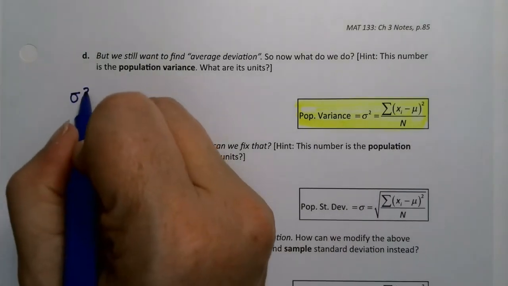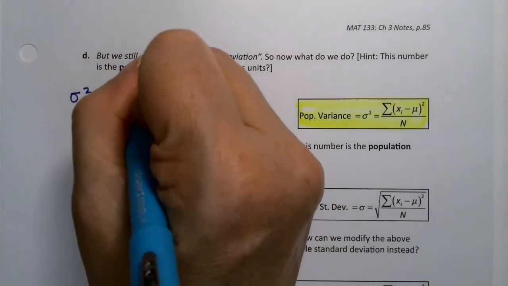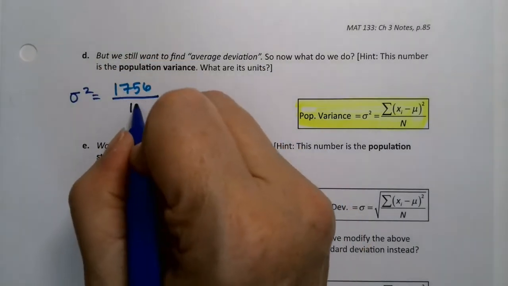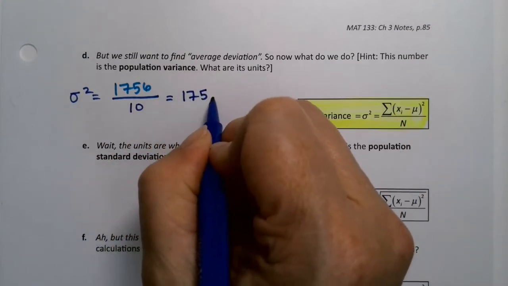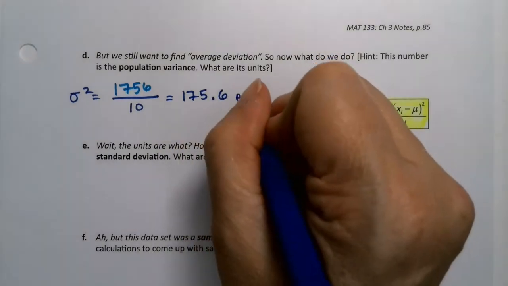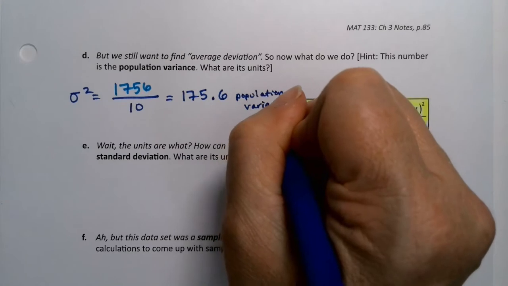So sigma squared, when we added up our deviations, we got 1756. And you just divide it by 10, which I don't even need a calculator for. It moves the decimal. So it turns it into this. That's the population variance. That is what it is called.